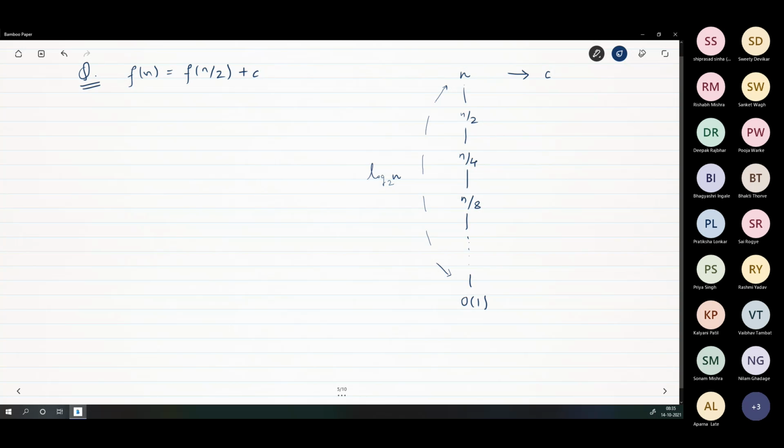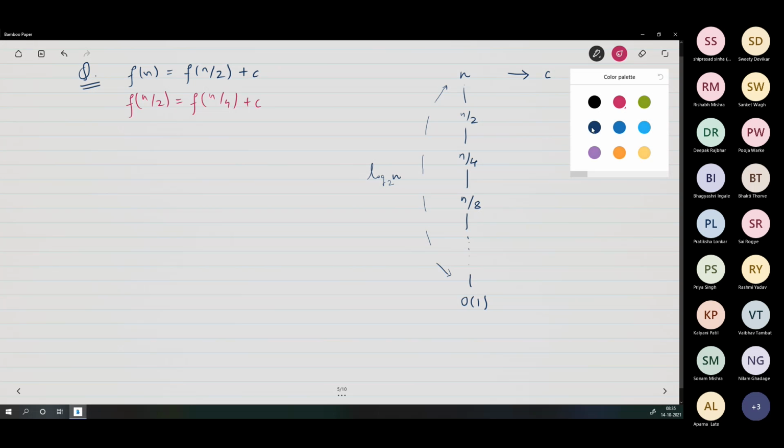If you want to now compute f of n by 2, what will the recurrence look like? F of n by 2 is equal to f of n by 4 plus c, because this is true for all n. At the level of f of n by 2, you have a cost c, and then whatever is coming out of f of n by 4, and you will repeat this.